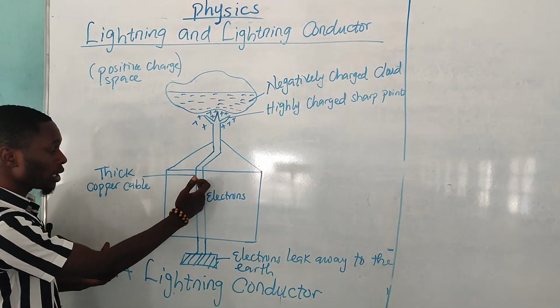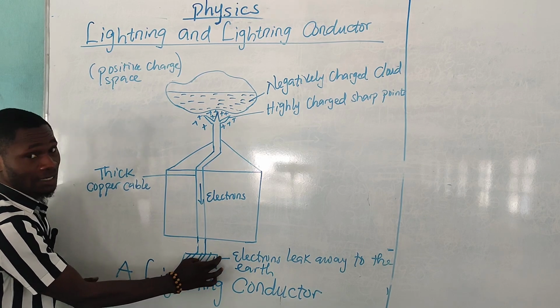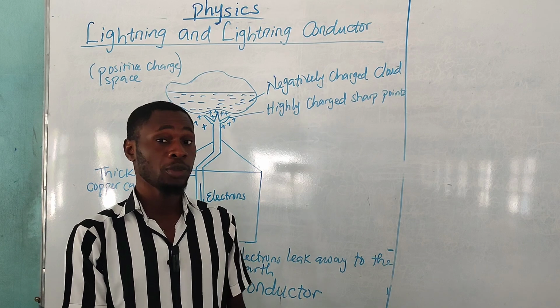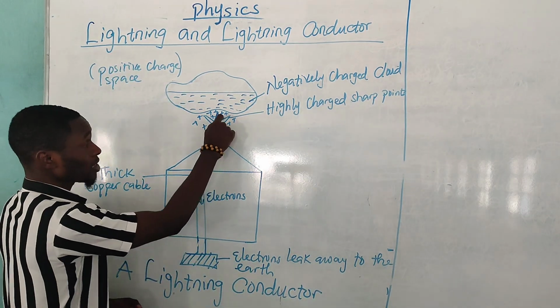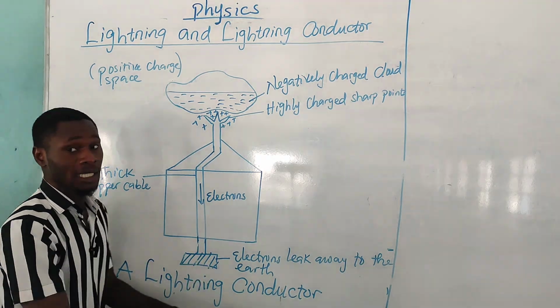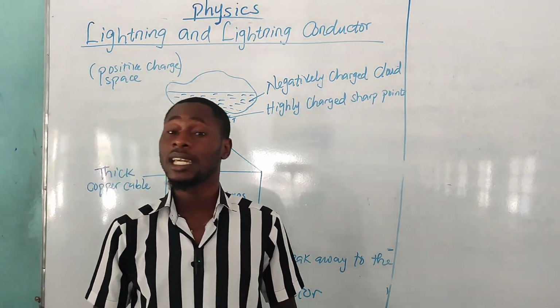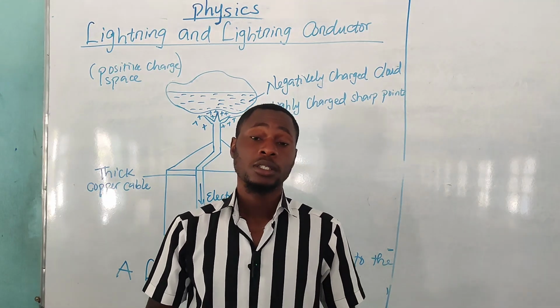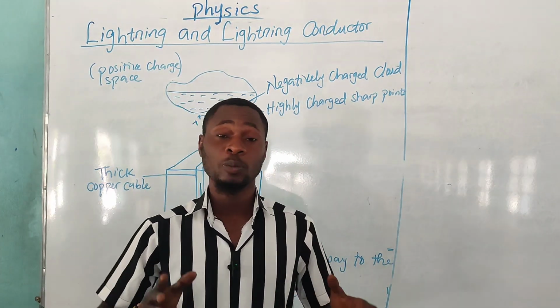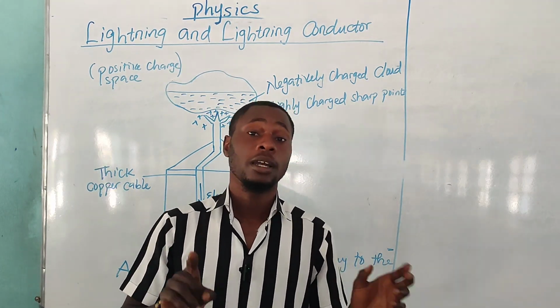The thick copper cable is connected to a copper plate that is buried on the ground near the building. So from that sharpest point, we have the thick copper cable connected to a copper plate that is most times buried near the ground. So how does the lightning conductor actually work in order to prevent the building from damage?